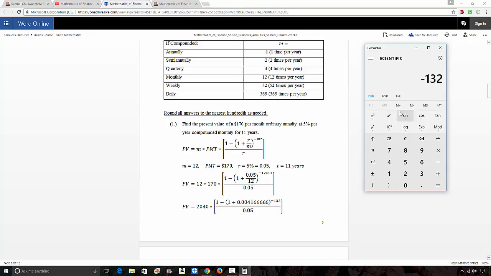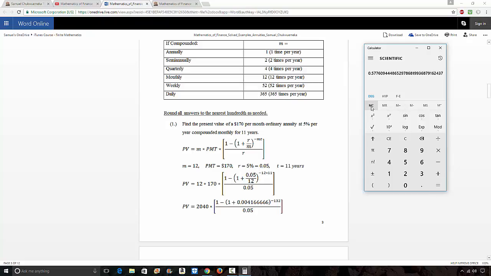Okay, I save it in the memory. Then I did this parenthesis, 0.05 divided by 12 equal to. Then plus 1 equal to. Then exponent recall memory equal to.